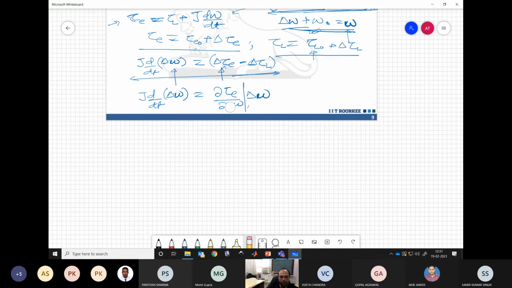So here it could be dou tau e by dou omega into delta omega minus dou tau l by dou omega into delta omega. So this is a reasonable mathematical expression, where we have clearly defined our variable and the other quantities.